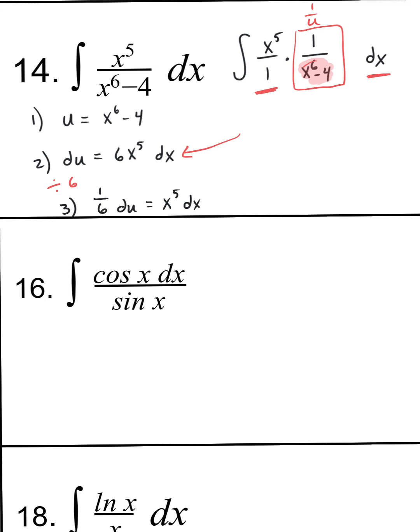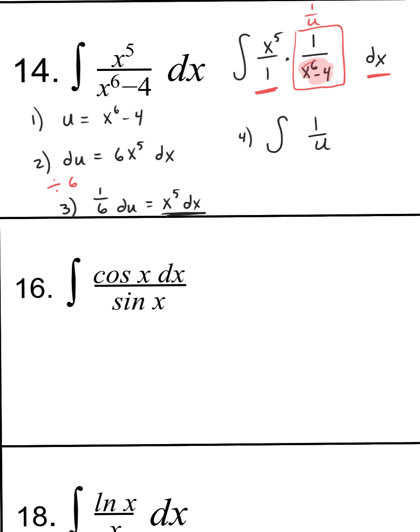All right, now we're going to rewrite everything. So, fourth step. Again, this piece here, 1 over x to the 6th minus 4, is going to get replaced with 1 over u. To replace x to the 5th dx, I look at my differential.